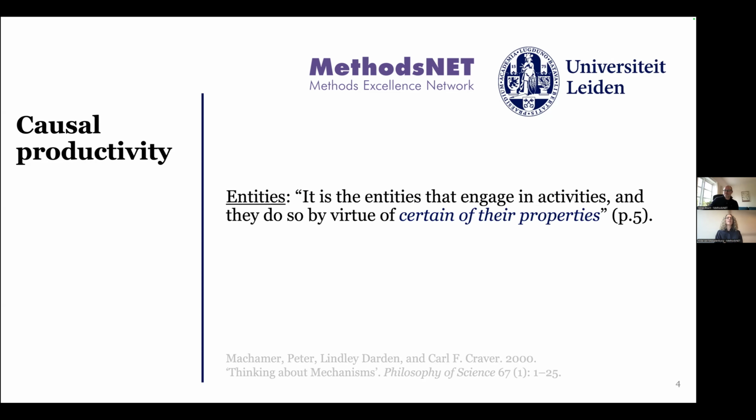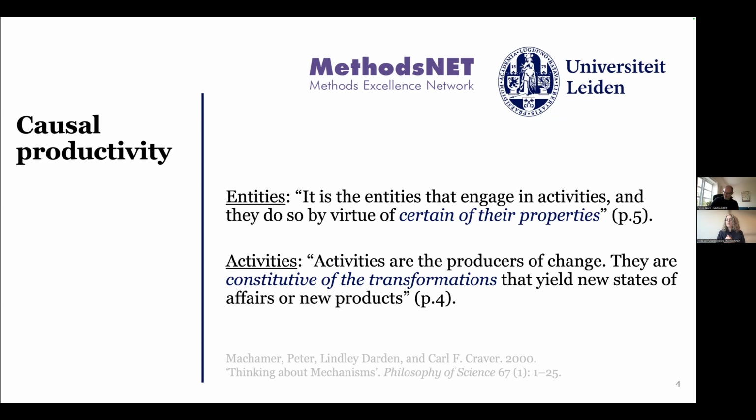So entities in this case are the things, the people in our case very frequently, could also be groups or communities that engage in activities, and they do so by certain of their properties, right? So we'd expect those entities to have certain properties that allow them to engage in certain activities. Activities then quite simply are the producers of change.